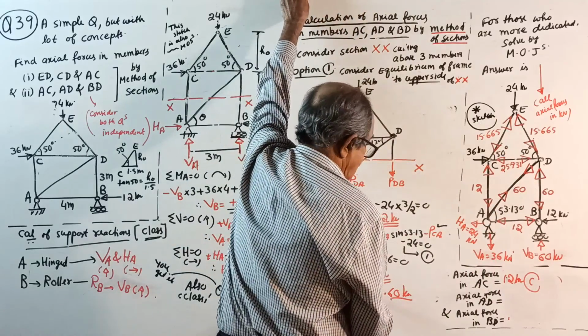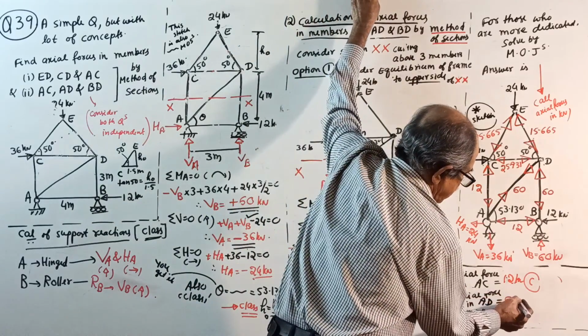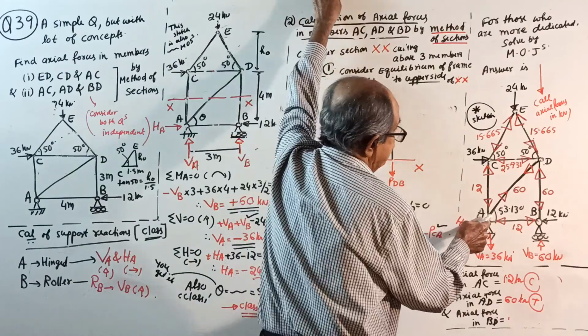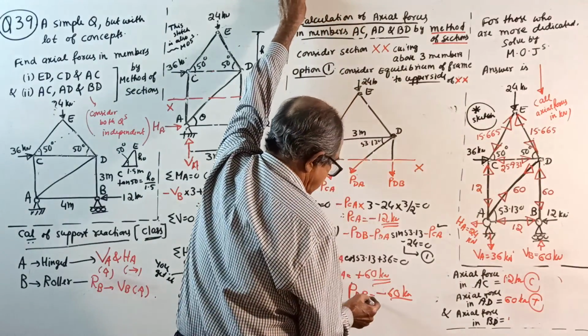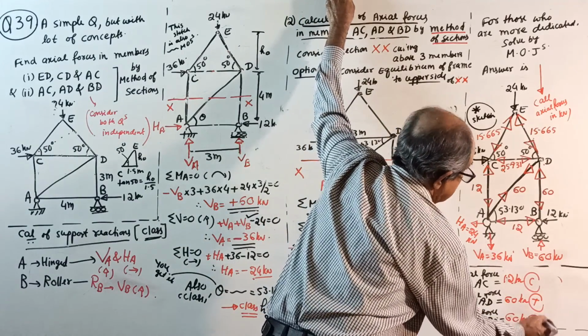Axial force in AD, means DA, 60 kilonewton tension. Lastly, DB, 60 kilonewton compression.